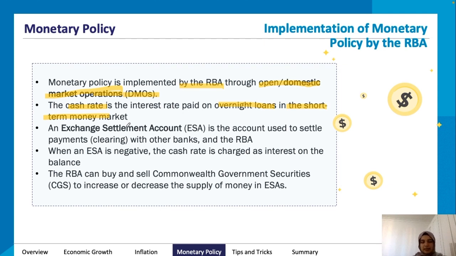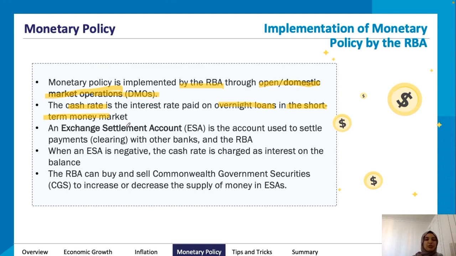In that way, you have an ES account, also known as an exchange settlement account. Basically, this is the account that is used to settle payments or clearing with the other banks and the RBA. The other banks may have accounts with each other where they transfer money to and from in accordance with whatever the rate is, as well as with the RBA.